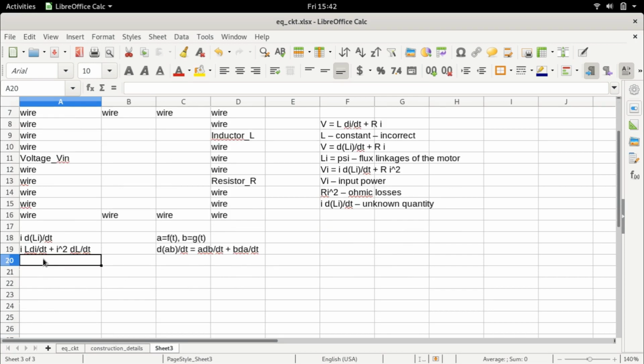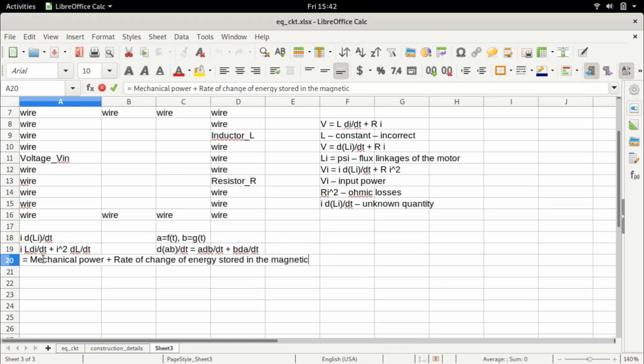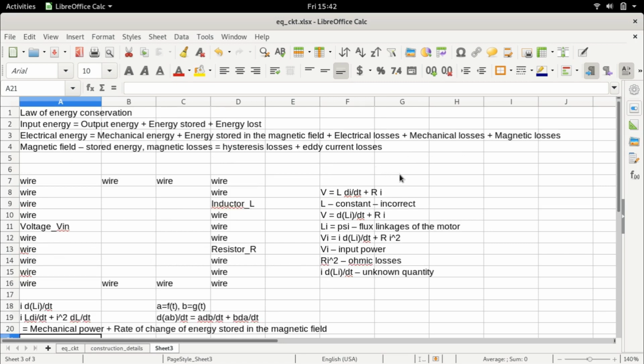So let us now go one step further and say that this expression is equal to mechanical power plus rate of change of energy stored in the magnetic field, right? And of course, we can say these losses for now, we can just forget these losses for now.